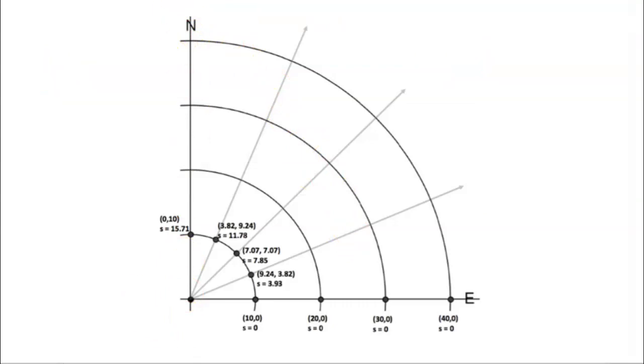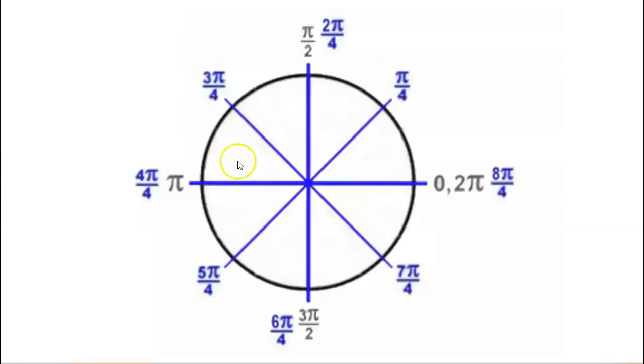If we were to do the whole circle in those 45-degree angles, when we look here, we could start at 0, 45 degrees, 3, 4, 5, 6, 7, 8 equal pieces. So 2 pi over 8 is 1/4 pi. So we have 1/4, 2/4, 3/4, 4/4, 5/4, 6/4, 7/4, and 8/4.